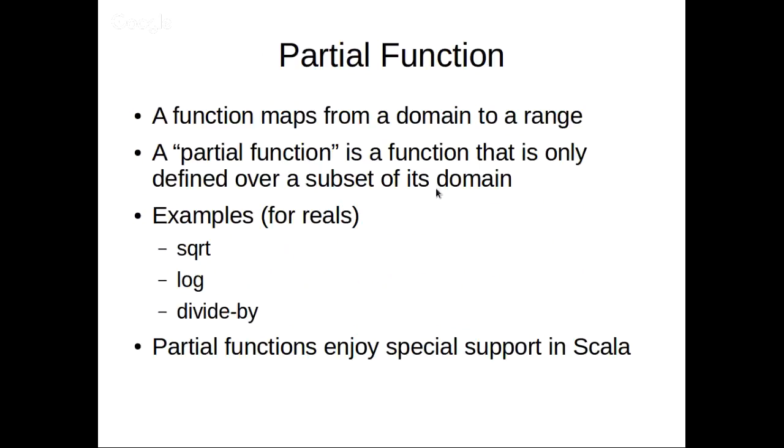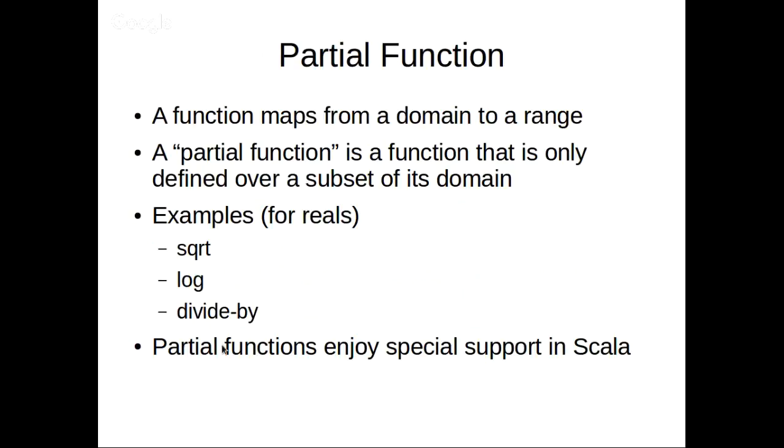So maybe, for example, we're dealing with the square root function as it applies to reals, and square root, unless we go into the complex number domain, is only defined for real numbers, the numbers to which we apply it, if they're greater than or equal to 0, right? It's not defined for numbers less than 0 if we're staying purely within the real numbers.